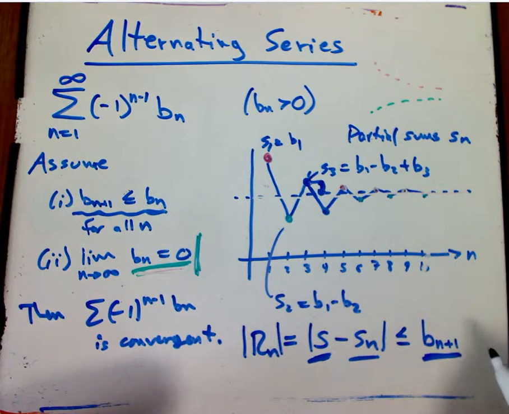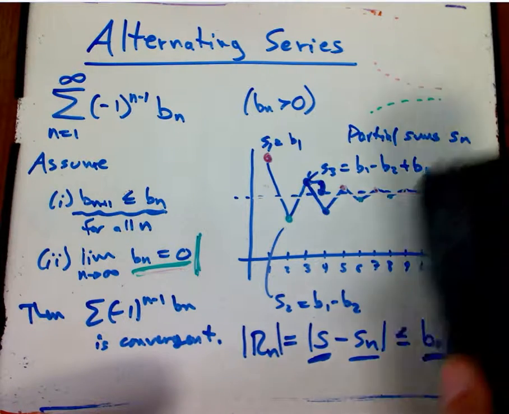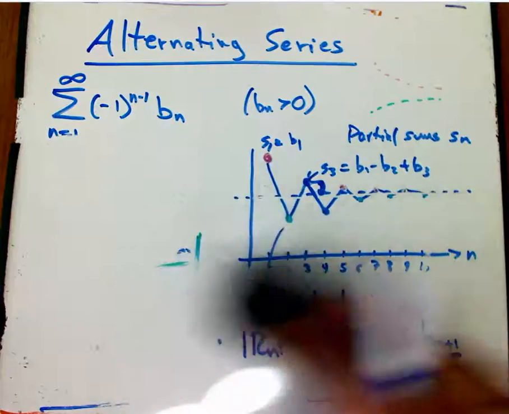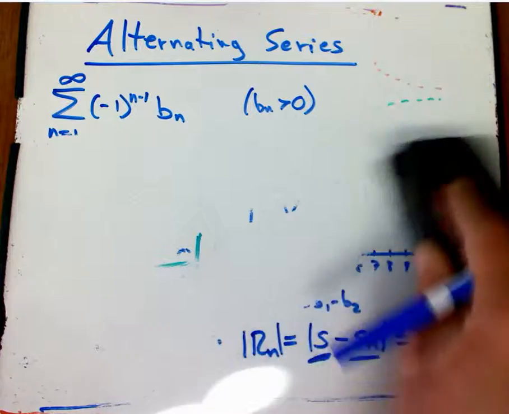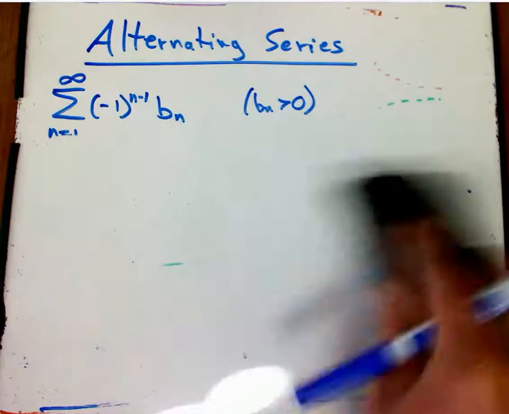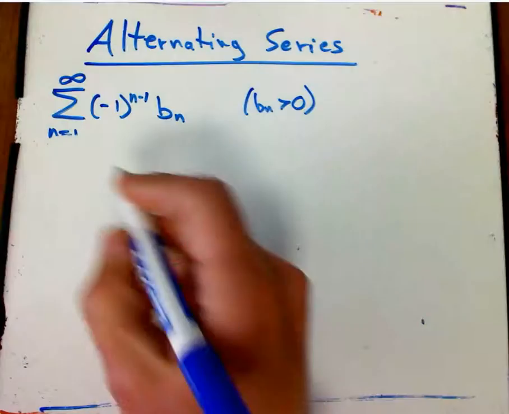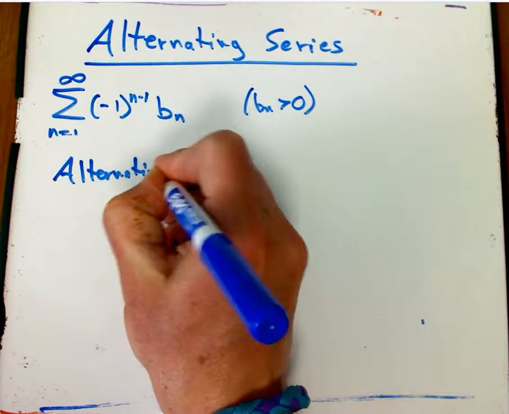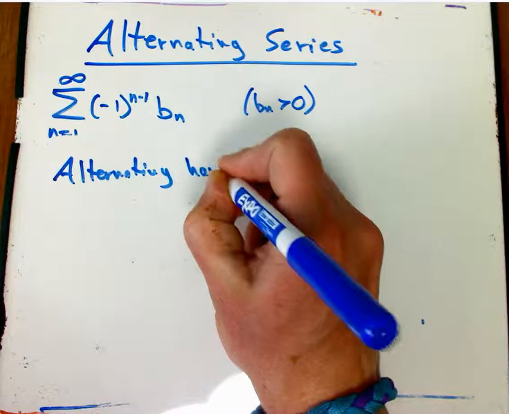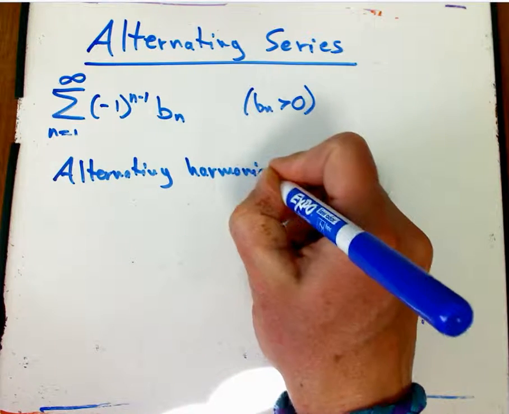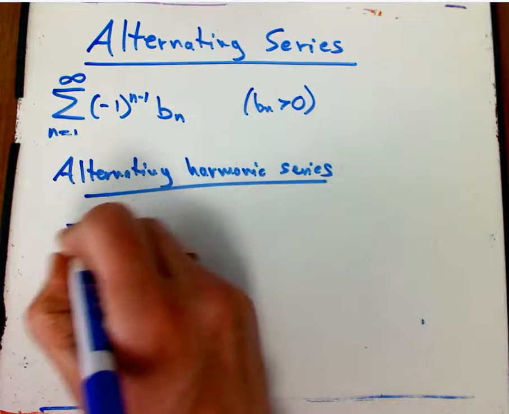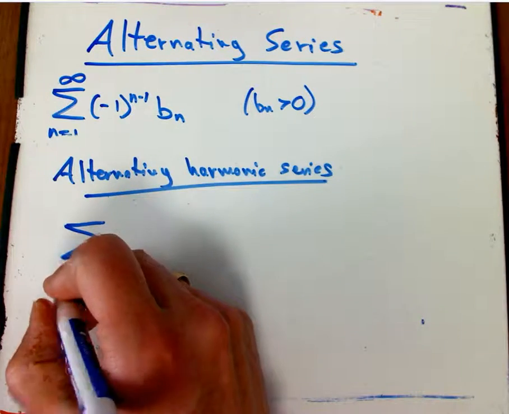And that's really nice. So the first classic example that everybody gives here, I'm going to give 2 quick examples. I don't want to make this too long, and I'll have a part 2. It is the alternating harmonic series. Just a classic series. So the regular harmonic series is the sum.